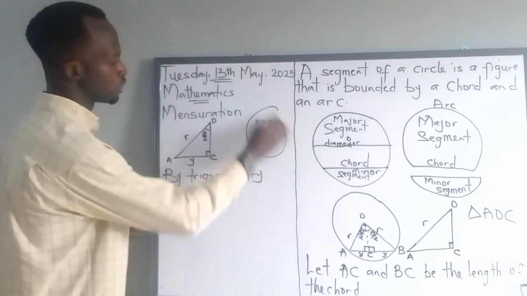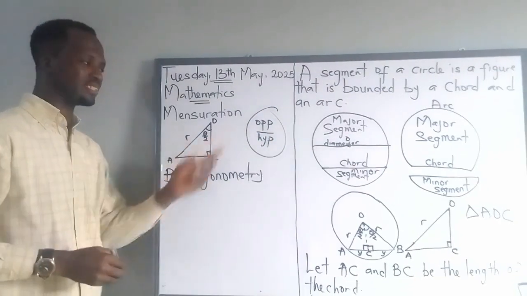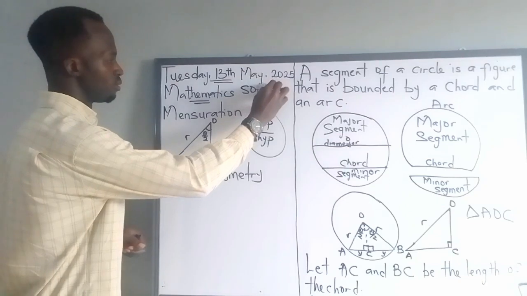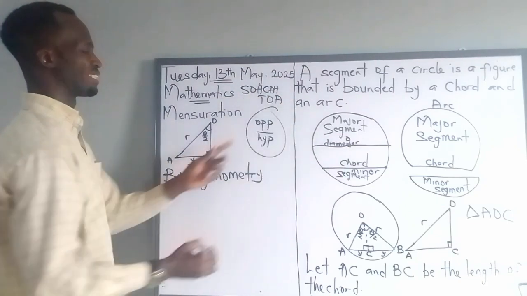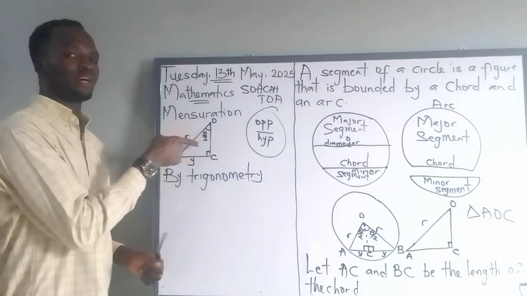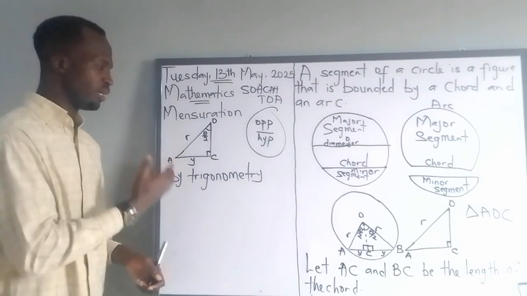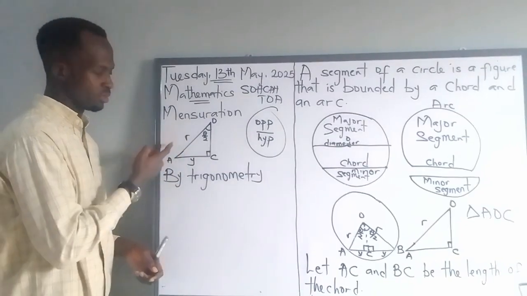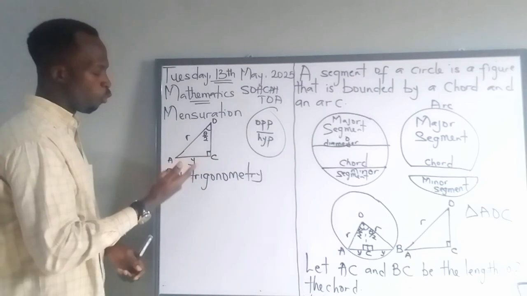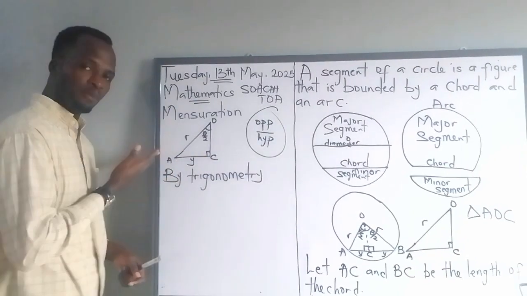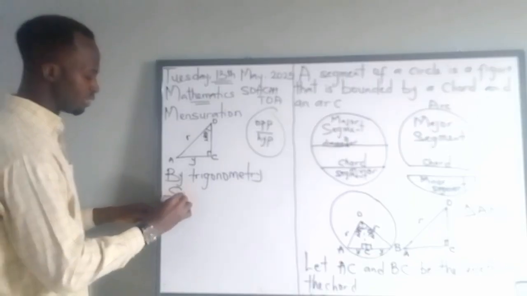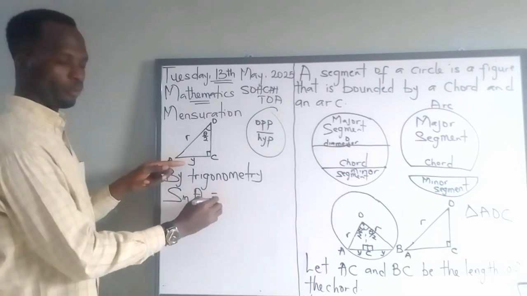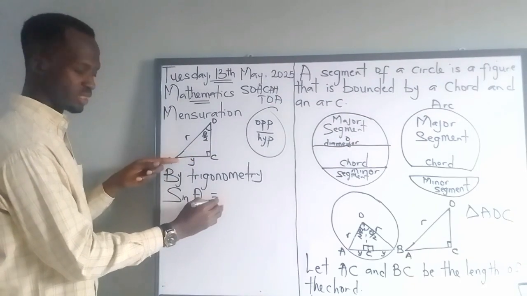So which trigonometric ratio is this? This is sine, if you still remember your SOHCAHTOA. So this is sine theta, in this case theta over 2, because that's the angle of consideration. Sine theta over 2 is equal to opposite over hypotenuse. What's the opposite side here?